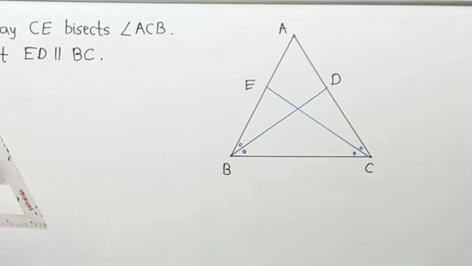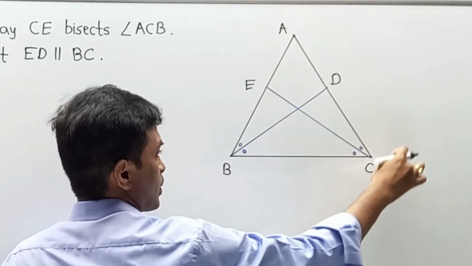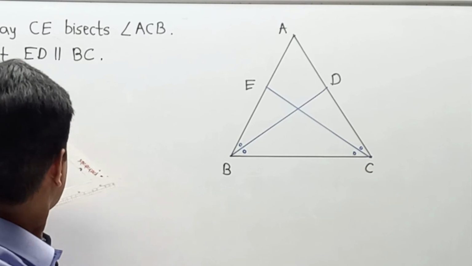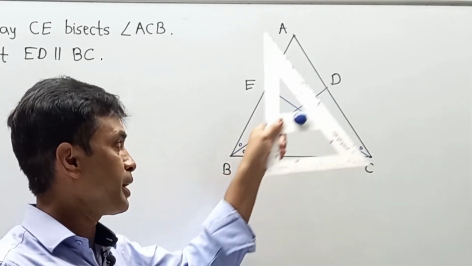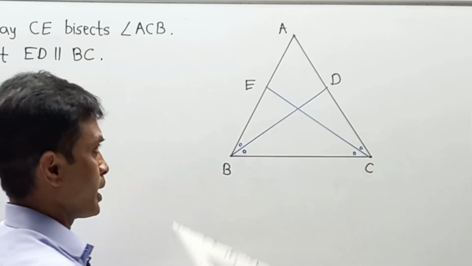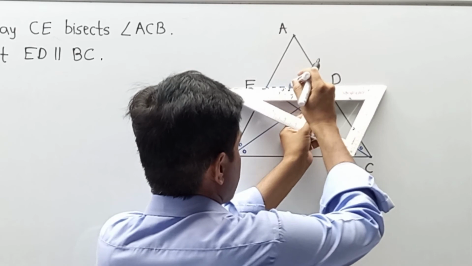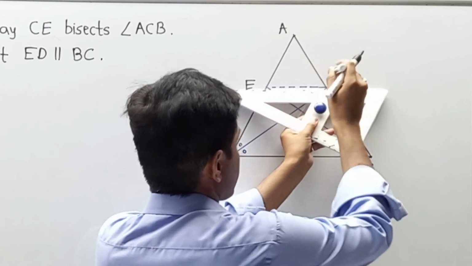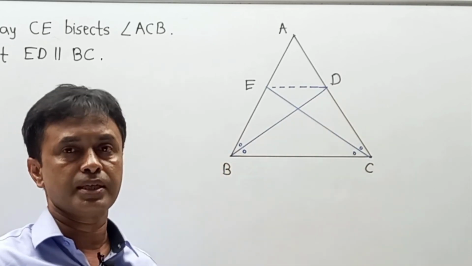Here they have given a part: if segment AB equal to AC, then prove that ED parallel to BC. ED is the side that I am going to draw over here by dotted line. We have to prove that this ED is parallel to BC.